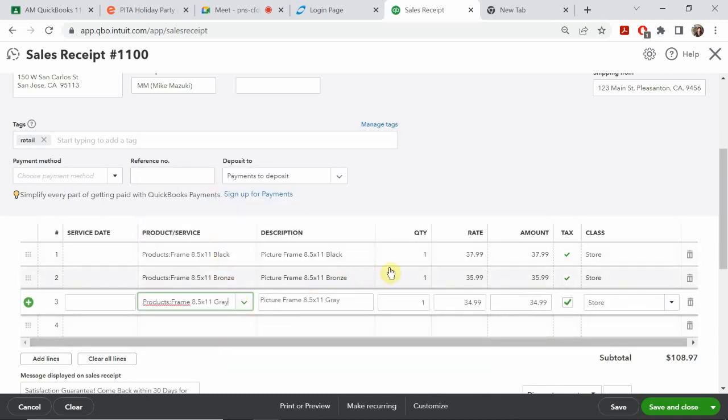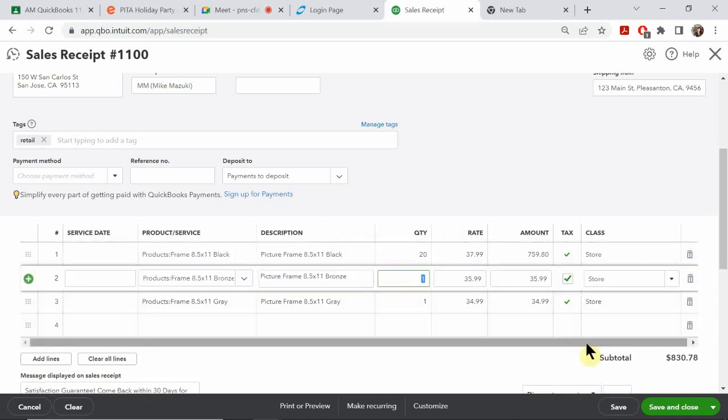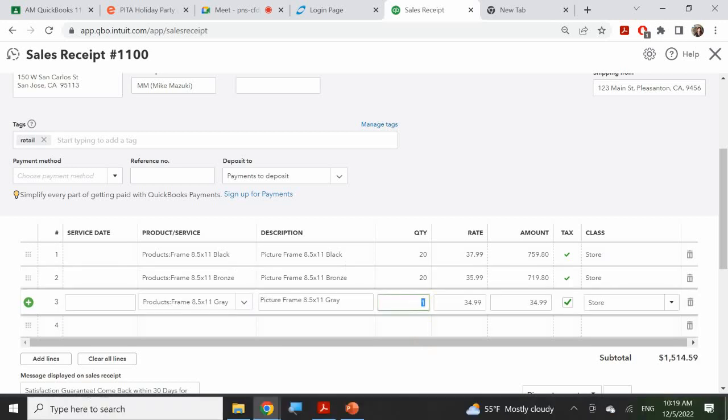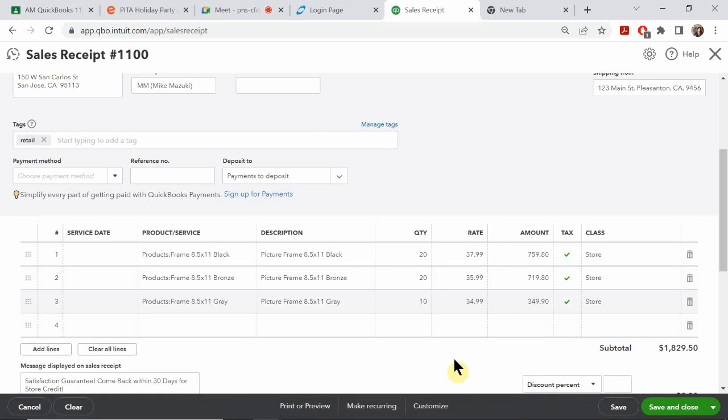Okay. Now, how many did we sell? We sold, what was it, 20 of the black, 20 of the bronze, and 10 of the gray. Now, remember, because we filled out our inventory item to begin with, and we designated a sales price, instead of having to memorize all the sales prices for each item, you have a system that will pull that information in for you.